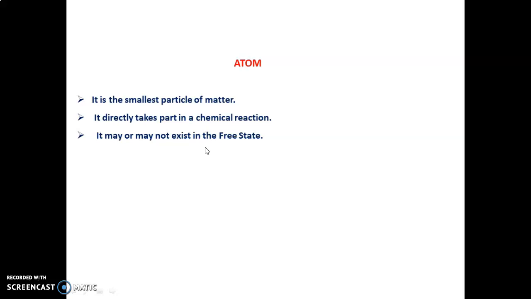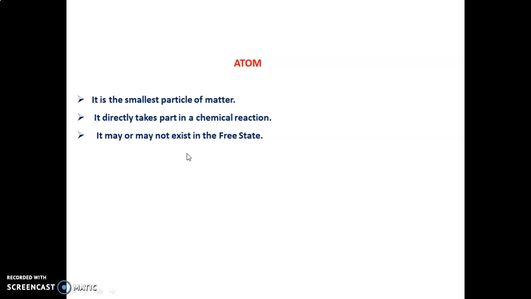A horizontal row is called a period and a vertical column is called a group. Out of the 18 groups, the 18th group elements are the noble gases: helium, neon, krypton, etc.